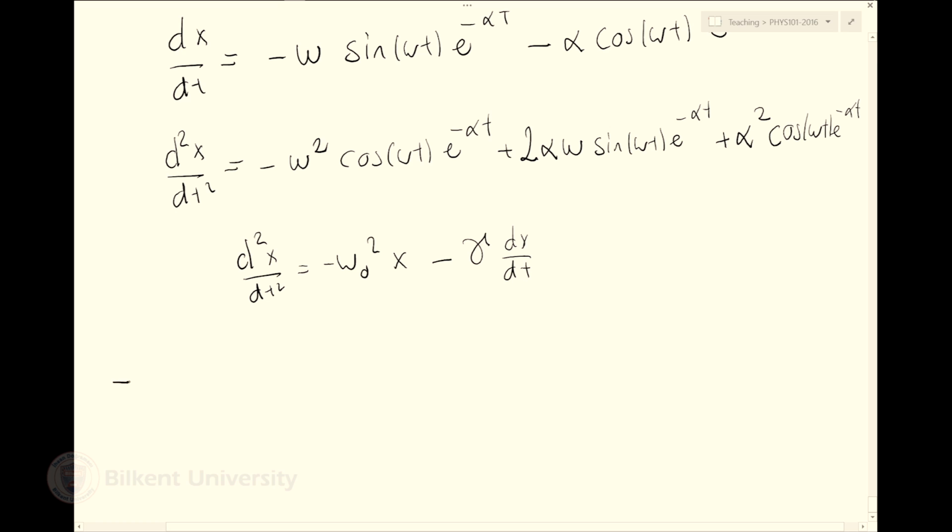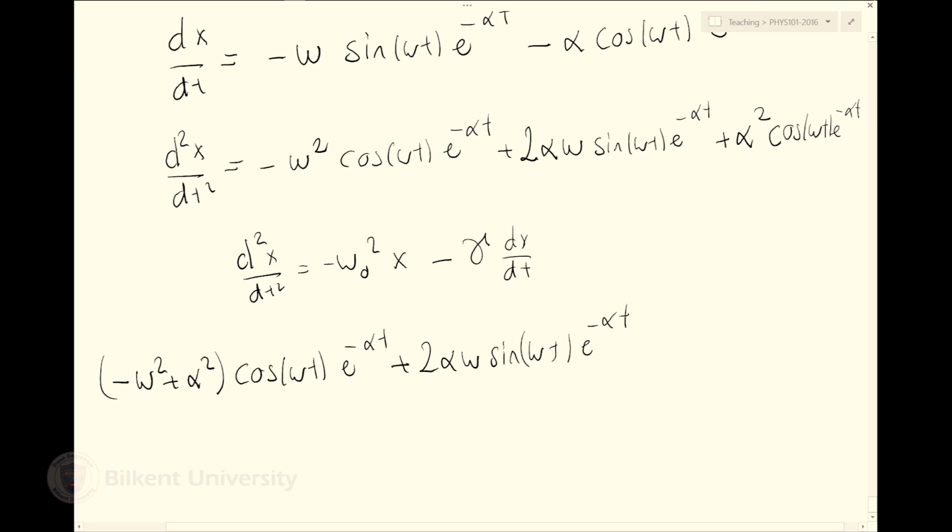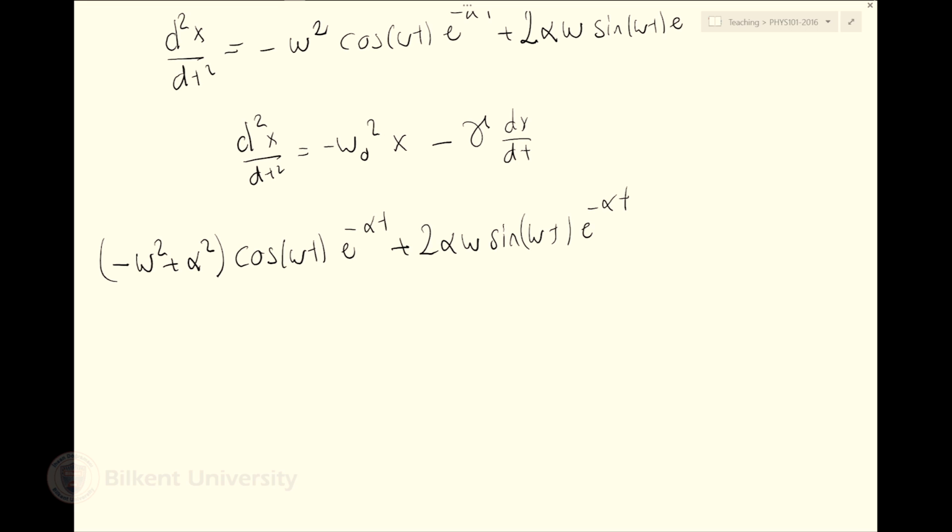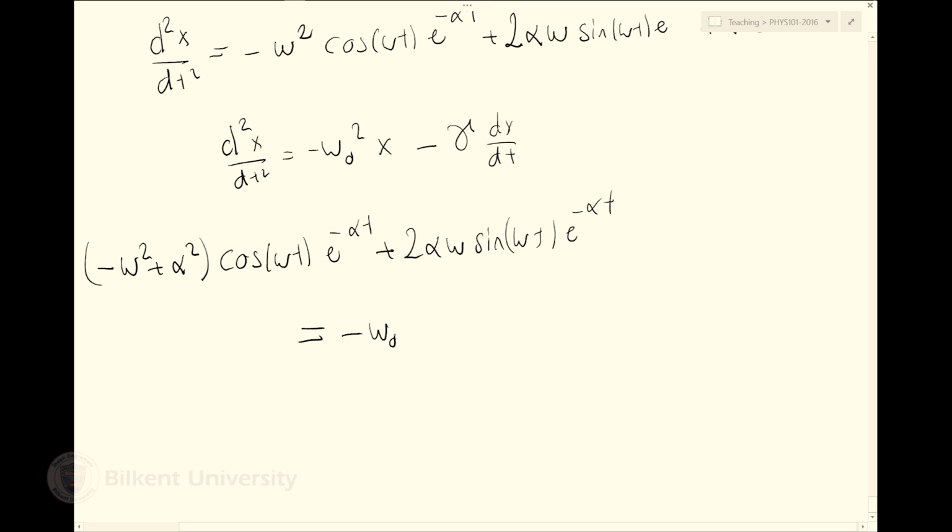I have minus omega squared plus alpha squared times cosine omega t e to minus alpha t plus 2 alpha omega sine omega t times e to minus alpha t, equals minus omega 0 squared times cosine omega t e to minus alpha t.